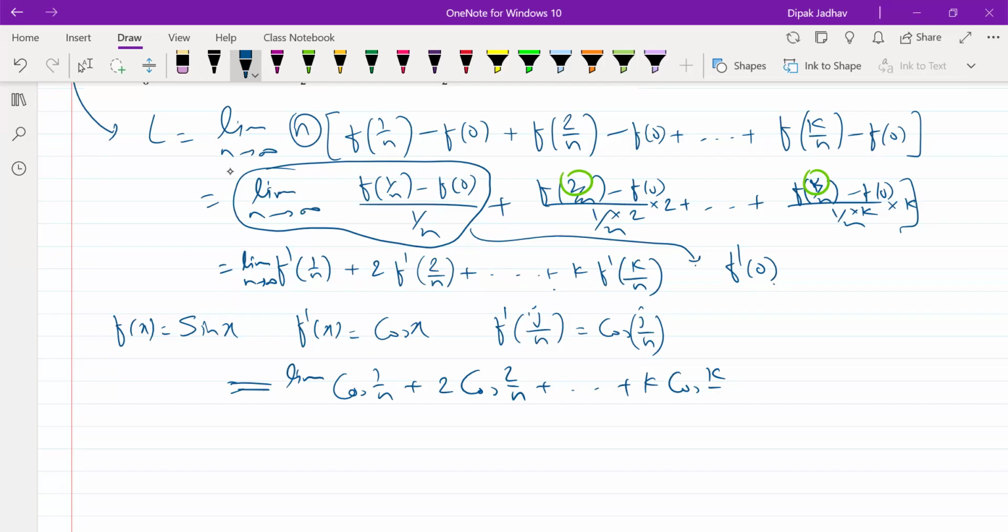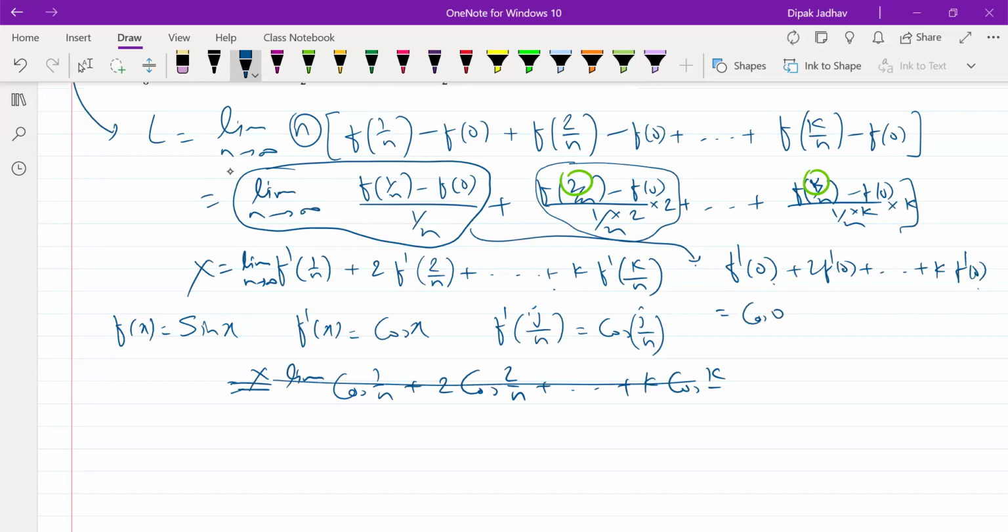Yes. And this term will be 2 times f dash of 0, and so on, k times f dash of 0. So that mistake we made here. This is correct.